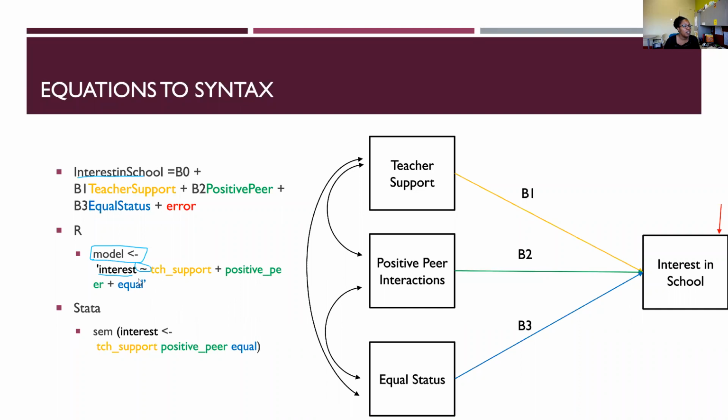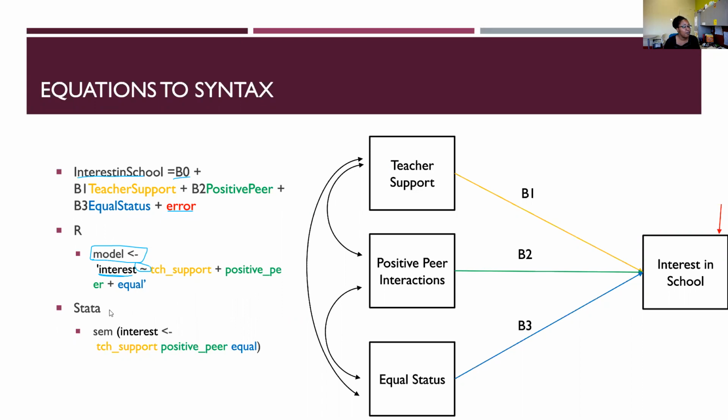Okay, so R is basically going to look pretty much like the equation itself, except you don't have to tell it that you're estimating an intercept. It does that automatically. You don't have to tell it an error. So you just need to put your dependent variable, tilde, is predicted by teacher support plus positive peer plus equal.